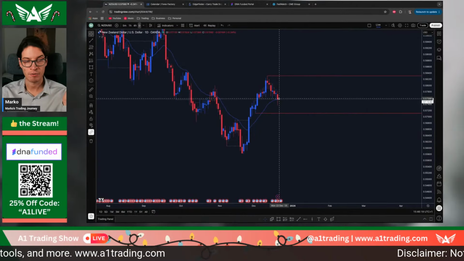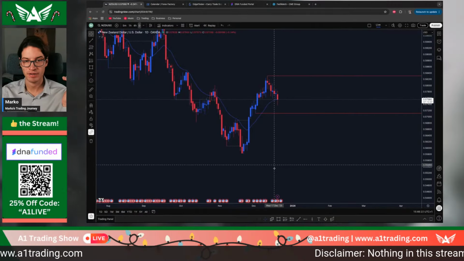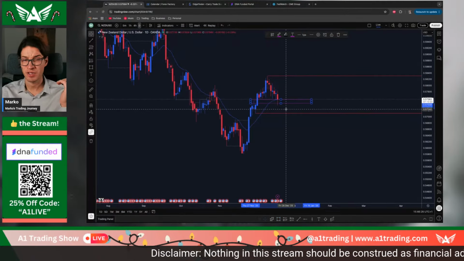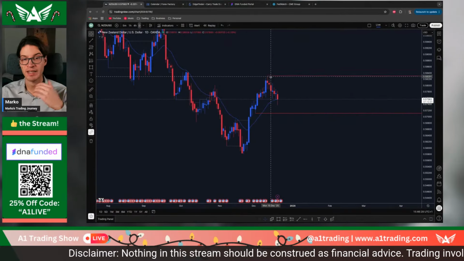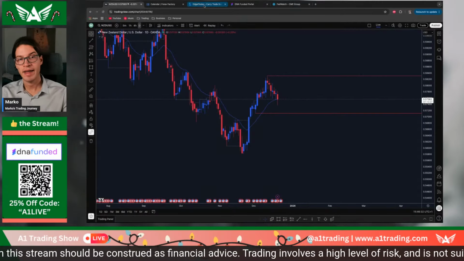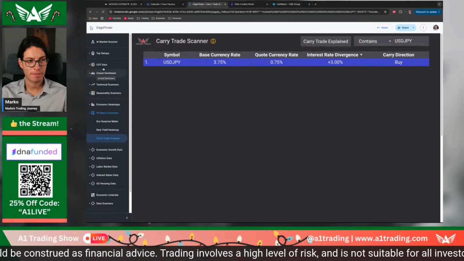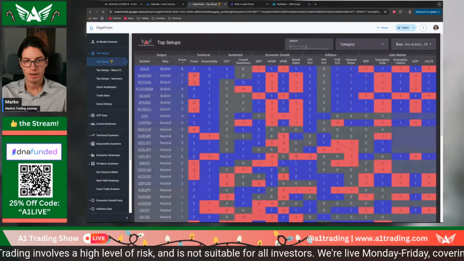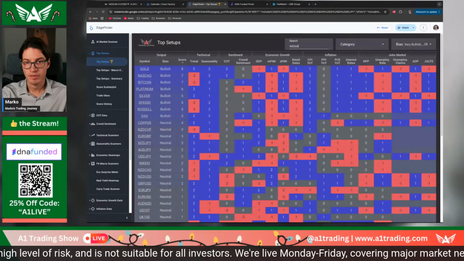We are right at the 20 MA on the daily chart. You can say we sort of reached this support level. Although it's not such a clear support level, you're definitely not getting in at the highs, which is good. That's always a plus. And the EdgeFinder, let me scan the top setups. Let's see, NZD/USD.